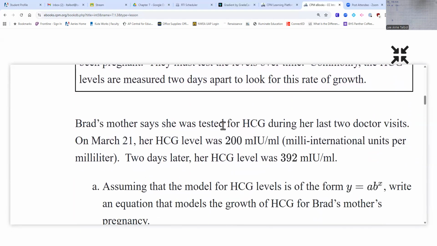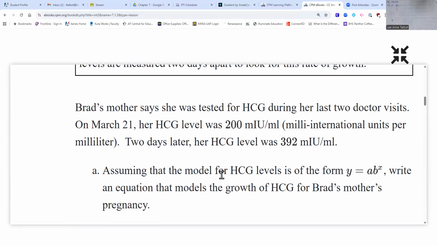Brad's mother was tested for HCG during her last 2 doctor visits. On March 21st, her HCG level was 200 milli-international units per milliliter. 2 days later, her HCG level was 392 milli-international units per milliliter.